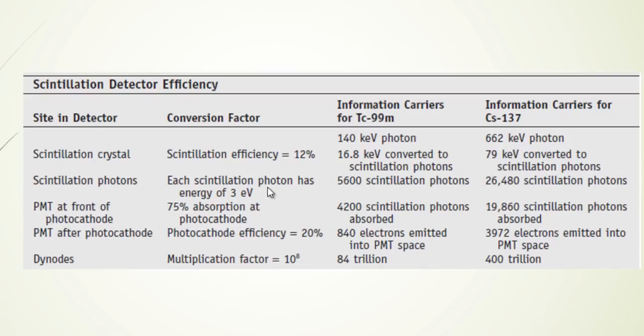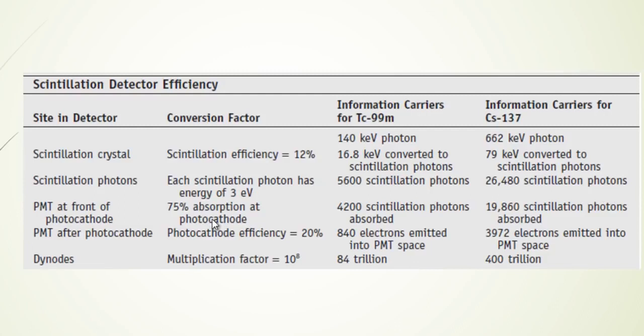Now, since each scintillation photon has an energy of 3 electron volts, because our sodium iodide scintillator emits radiation lying in the range of ultraviolet to the blue end of the visible spectrum, the photons have energy of 3 electron volts usually. So dividing this 79 kilo electron volts by 3 eV, we get 26,480 scintillation photons coming out of the scintillator.